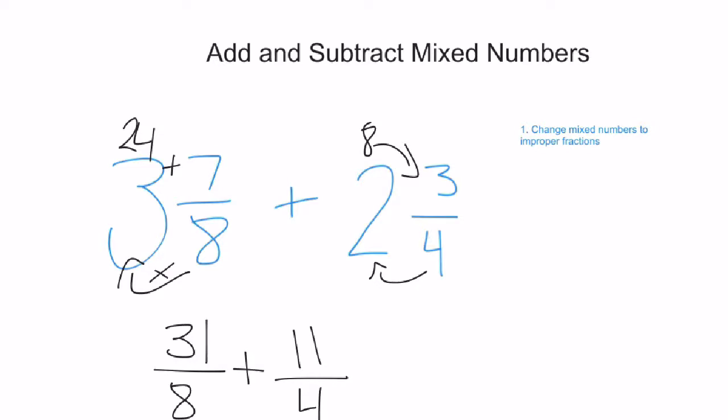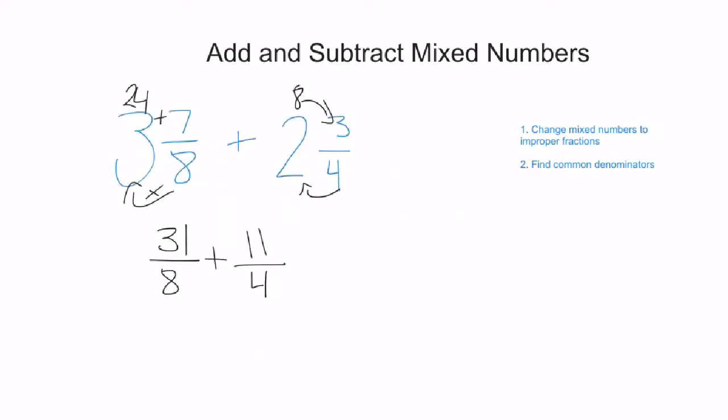And I'm looking at a fraction addition problem, and I already know how to solve fraction addition problems. I can now see that my next step is to find common denominators to solve. So when I'm looking at my fractions, I can see that 4 can become 8.